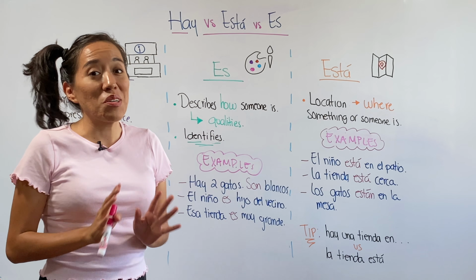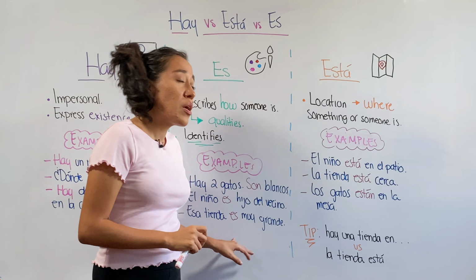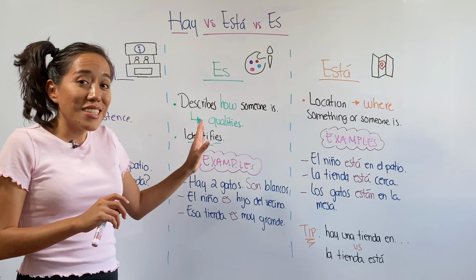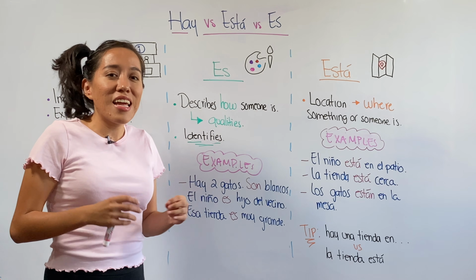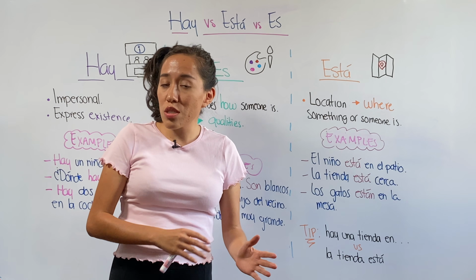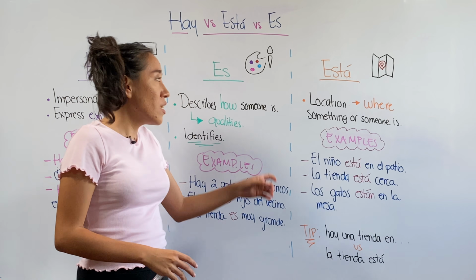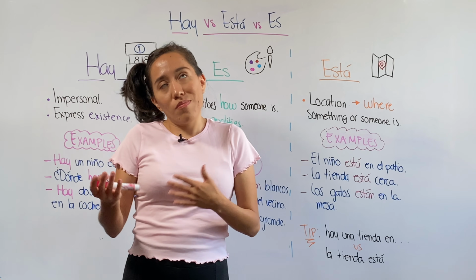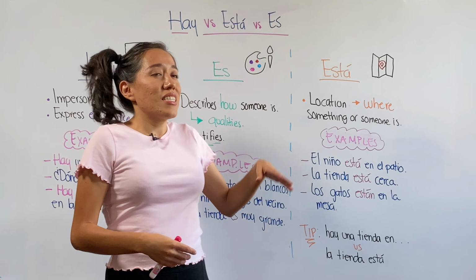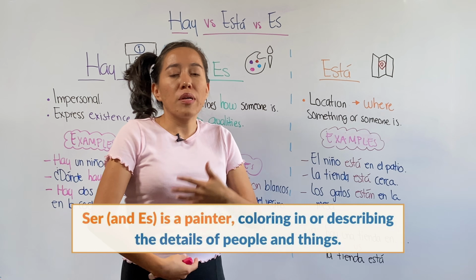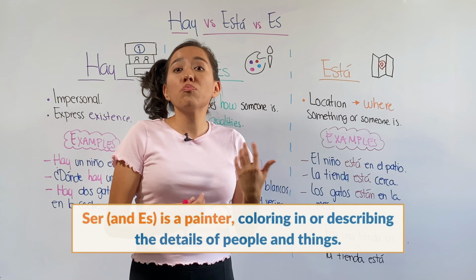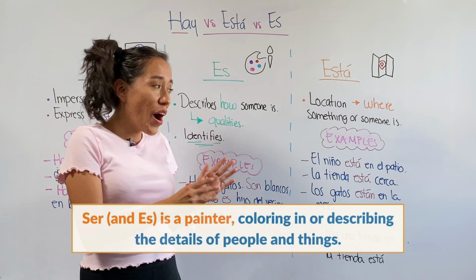Oh my god, I'm so glad because we're going to find cookies there. Check that in this case, es, well, ser, has different conjugations depending on the person or the subject that you're talking about. You can think about es, ser, as a painter. It's going to paint you details of how people or things are.